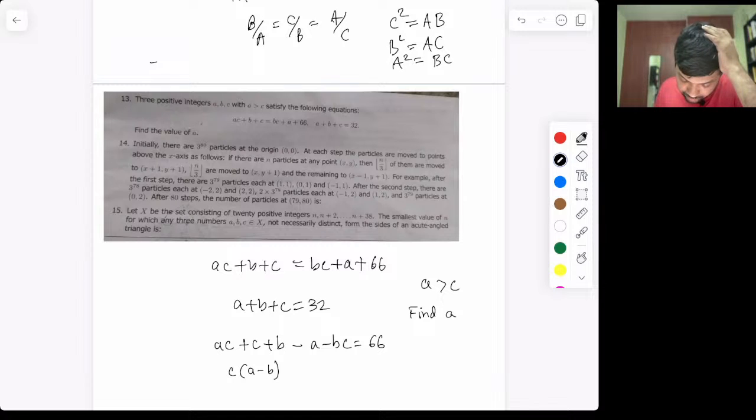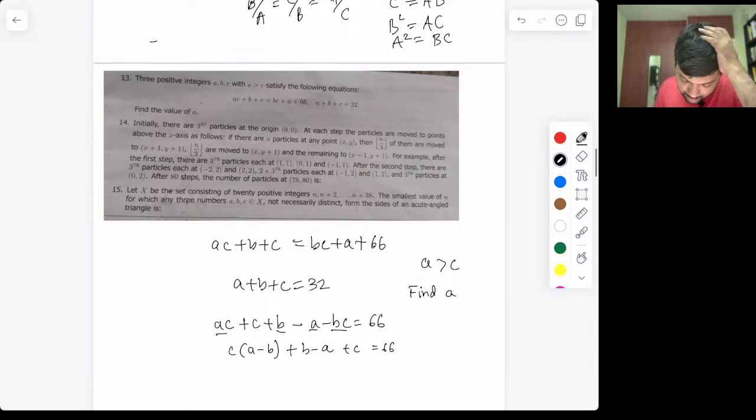So plus b minus a, and minus bc, ac plus c is 66. So certainly you can write this as a minus b into c minus 1 plus c is 66.